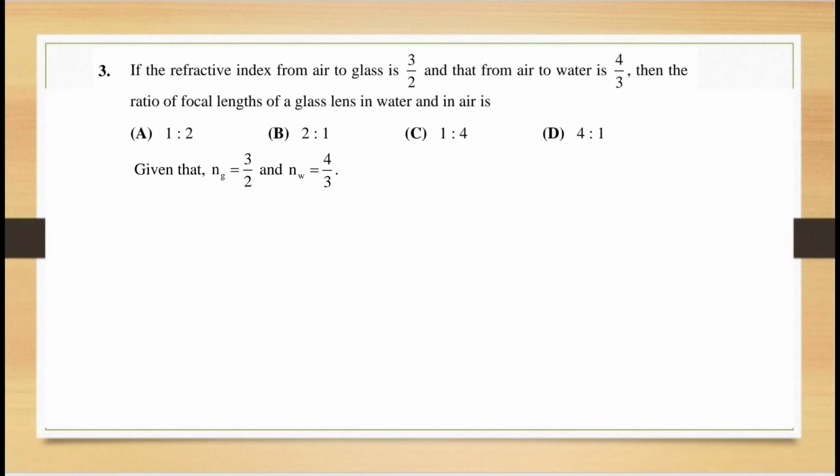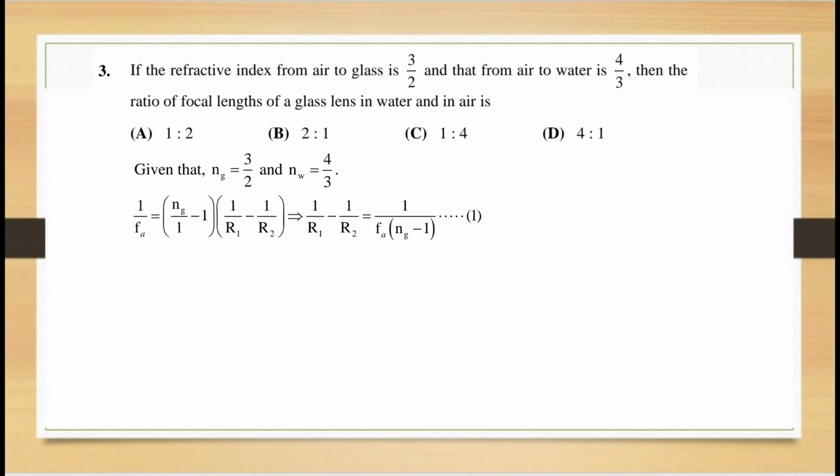Now from lens maker's formula, when the glass lens is in air, the formula will be 1/FA equals (Ng/1 minus 1) into (1/R1 minus 1/R2), which implies 1/R1 minus 1/R2 equals 1/FA into (Ng minus 1). Take it as equation 1.